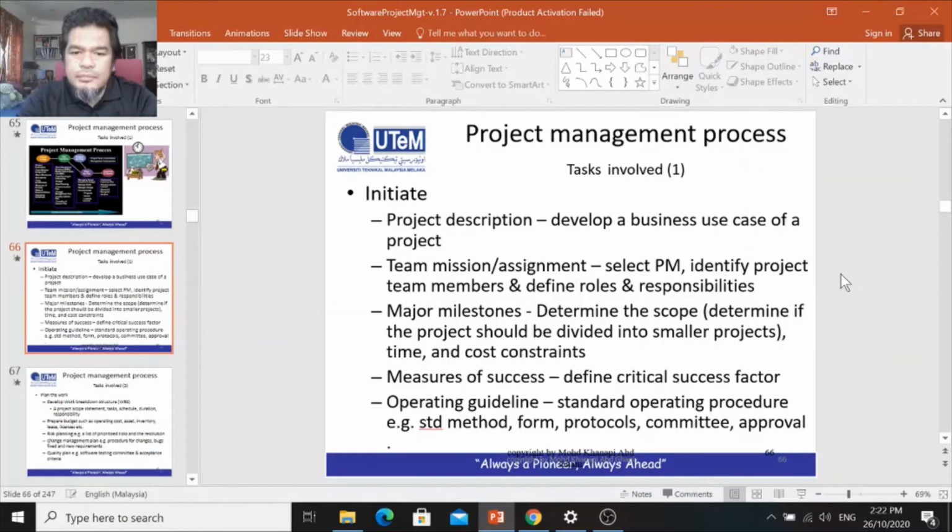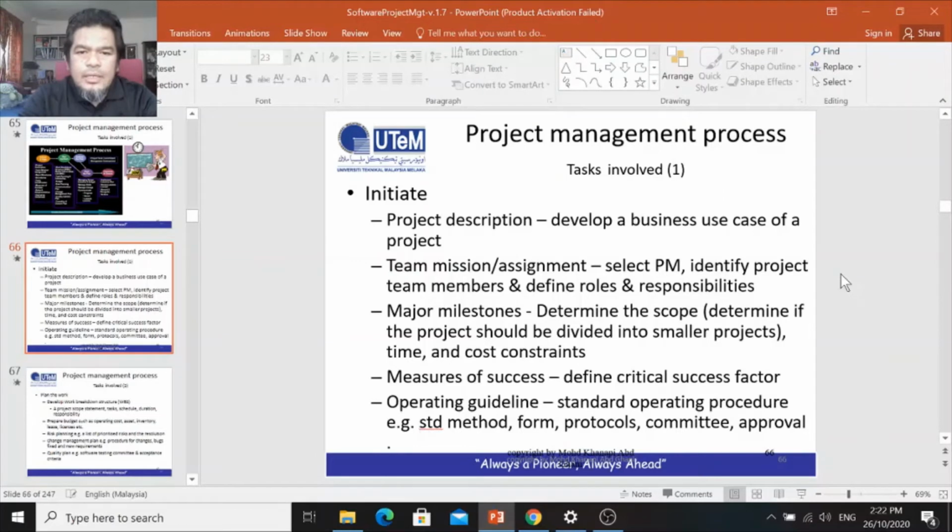From the major milestones, you can predict when the project can be finished, when a certain milestone can be delivered, when you can do a prototype for the user.